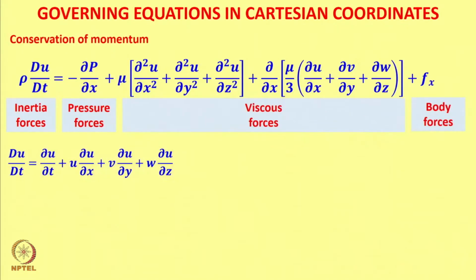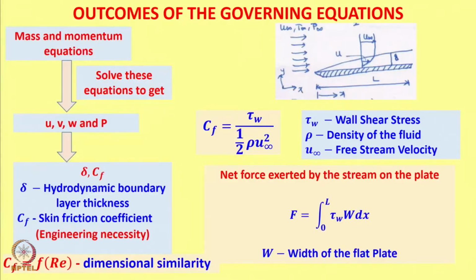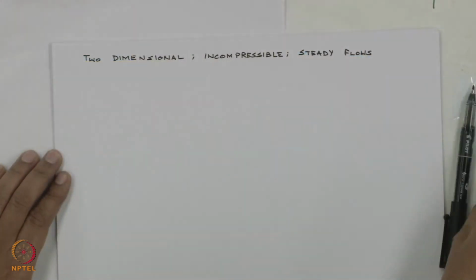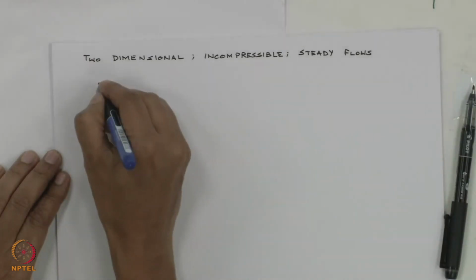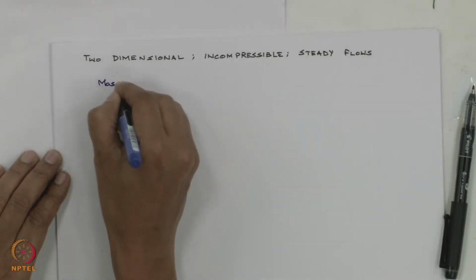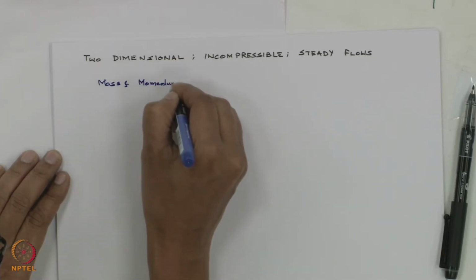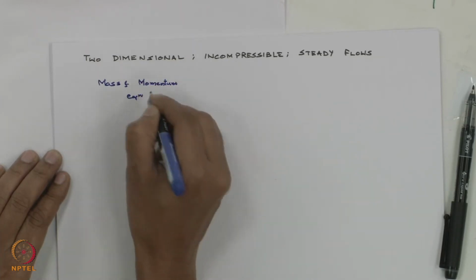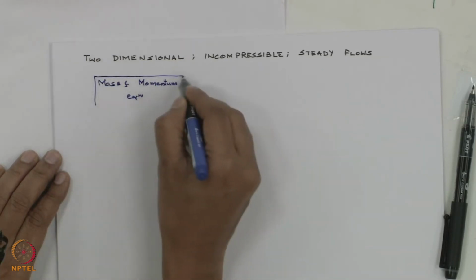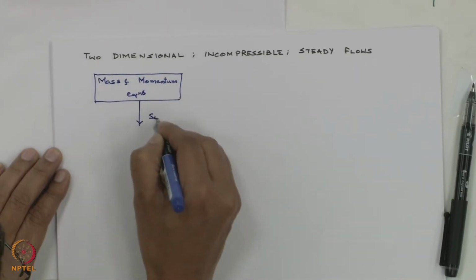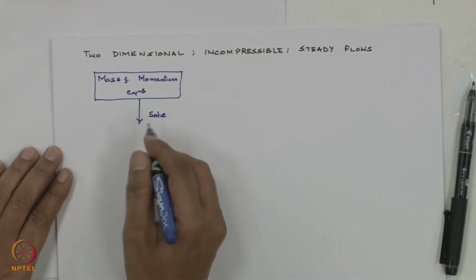Now, if I solve the mass and momentum equations, if I solve all these four, what am I going to get?